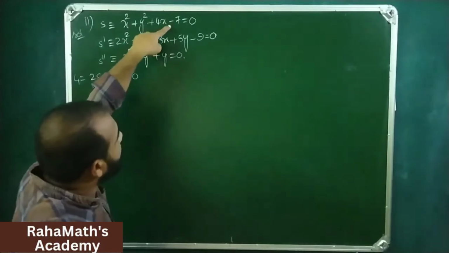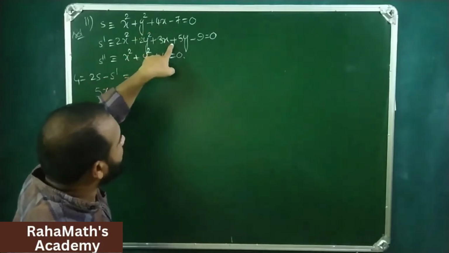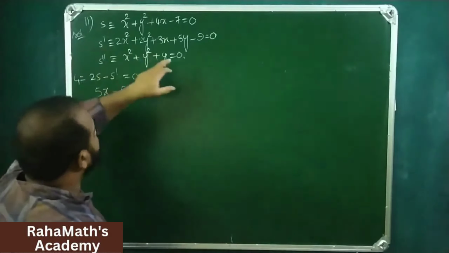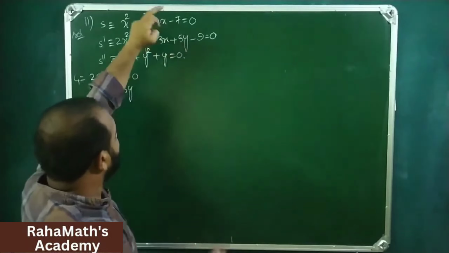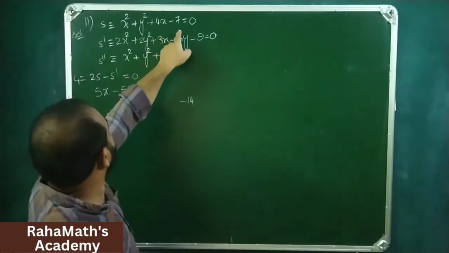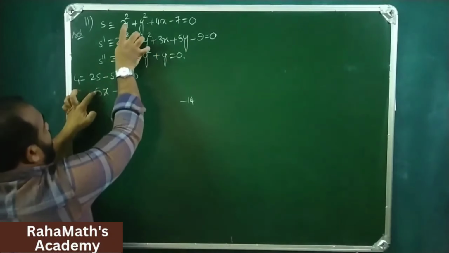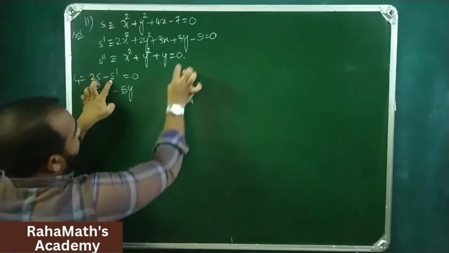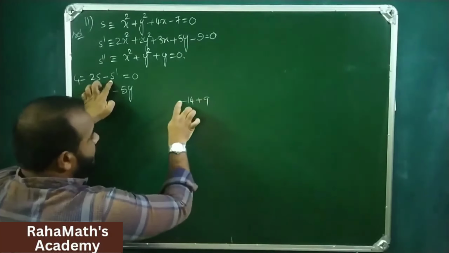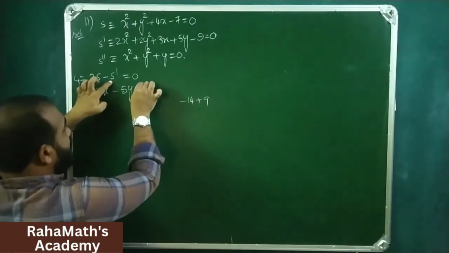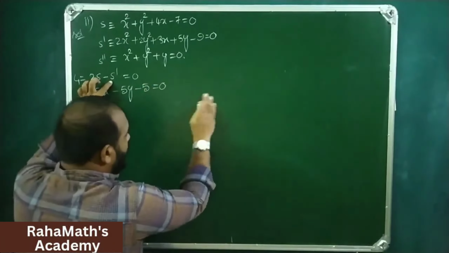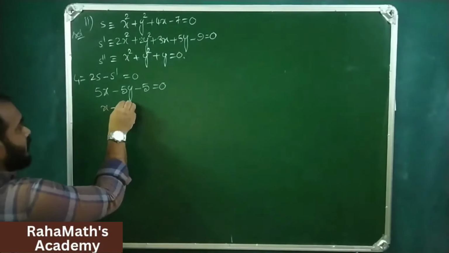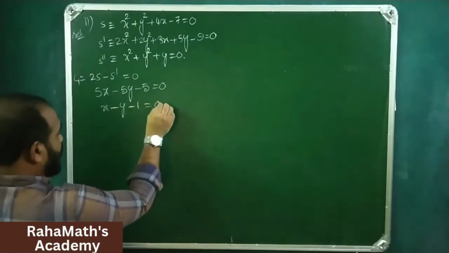Next, here I don't have any y, so minus 5y. Next, 2 7s are minus 14, because the first equation I am multiplying with 2. 2 7s are minus 14, minus S dash, minus of minus plus 9. So minus 14 plus 9 is minus 5 equals 0. So if I take 5 in common, x minus y minus 1 equals 0.